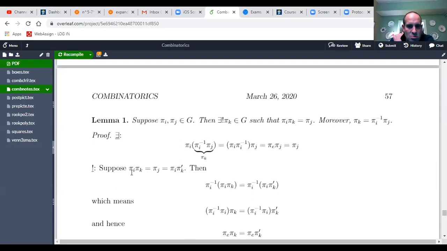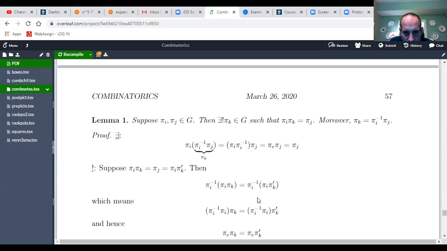Well, let's prove uniqueness. So, assume that π_i operated with π_k gets me to π_j, but also that π_i operated with π_k prime gets me there. Well, that means that π_i π_k is equal to π_i π_k prime.